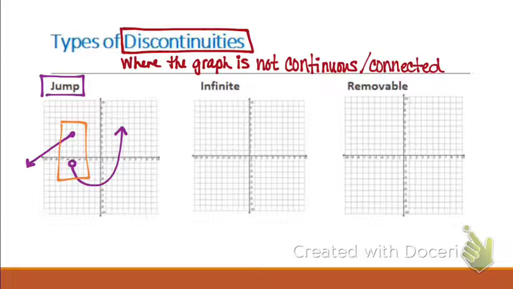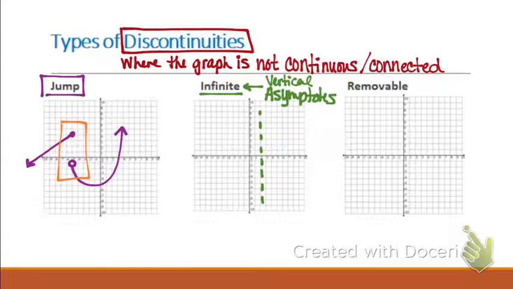Infinite discontinuities. These are asymptotes. Specifically vertical asymptotes. So a lot of times we won't see these on our graphs.